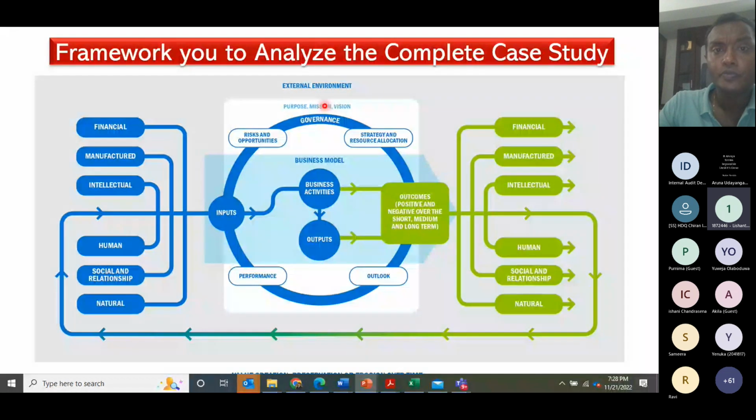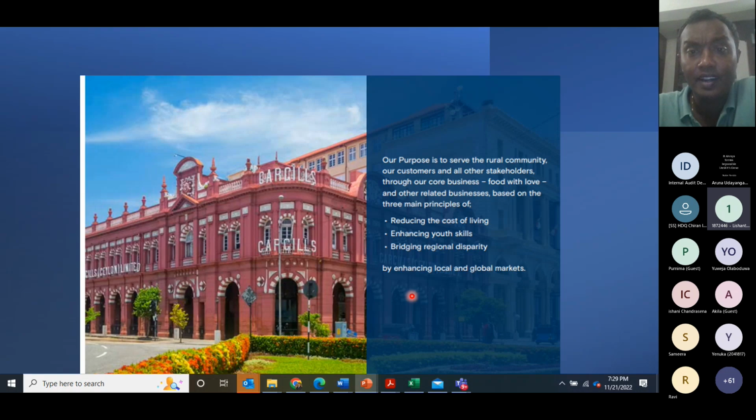So, having a good mission, then they have to connect the governance, strategy, performance, outlook, right? Outlook connects to risk and opportunity to create value in the short run, medium run to long run. So now I'll apply this to the case study.